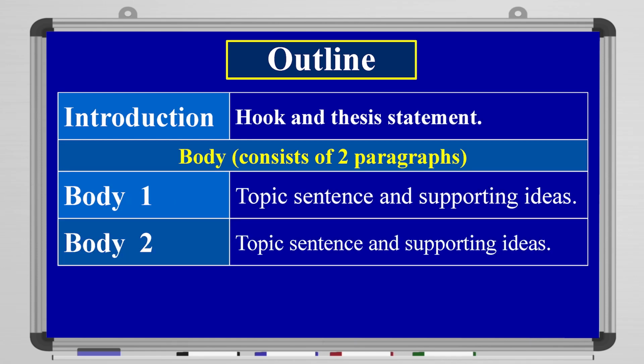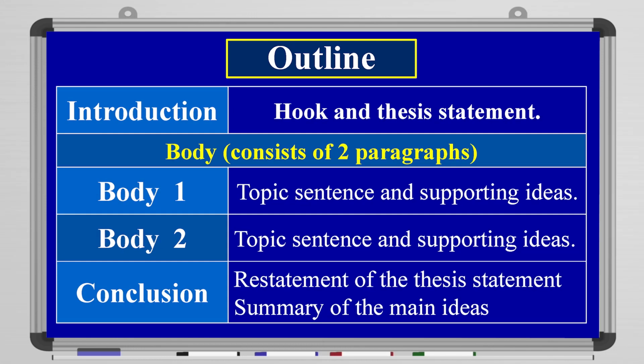Each body will have a topic sentence and supporting ideas, and don't forget to use the concluding sentence for each paragraph. Then you will conclude the whole essay with the conclusion. The conclusion is summarizing the main ideas, okay, and mentioning the topic.